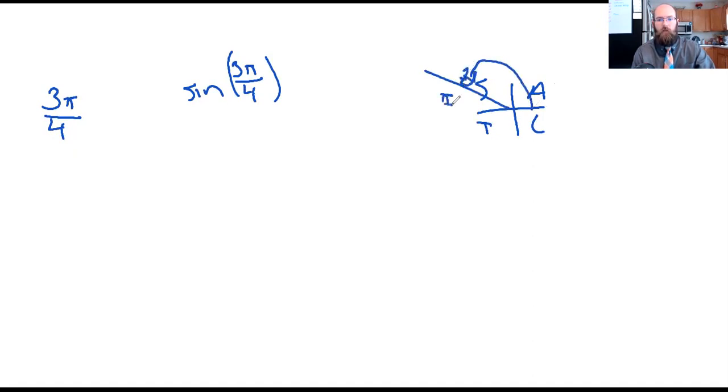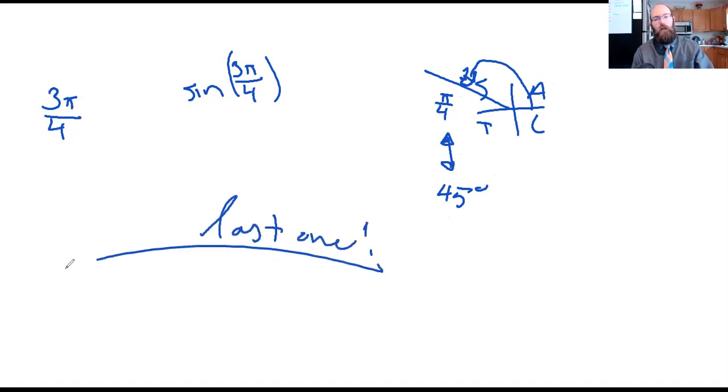With a reference angle of pi over 4, which is equal to 45 degrees. Fun fact, that's exactly the same as the last one. Sweet. All right, I'm just going to clear that. We don't need that anymore. We just did that, so go backwards and look at it again.